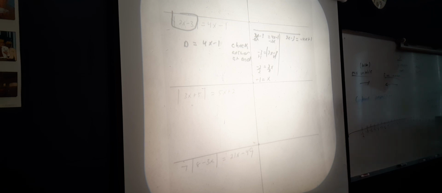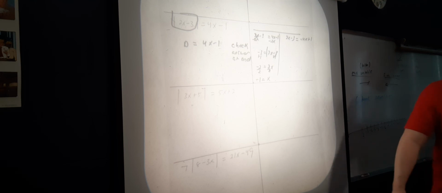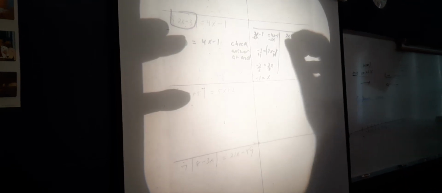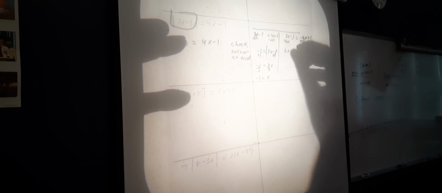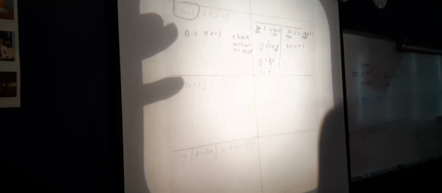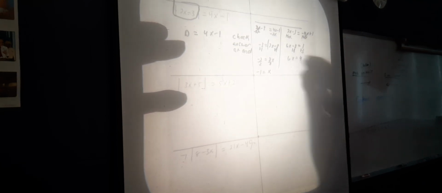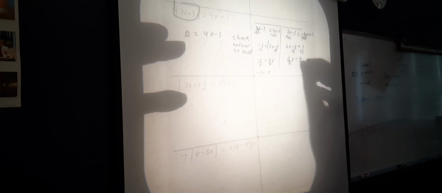Okay, what would you like to do on the other side? You want to subtract 2x or add 4x? Doesn't matter. Add 4x. So it's going to be 6x minus 3 equals 1, okay? Then you add 3, and that takes you to 4. 6 times x equals 4. So you're going to have to divide 4 by 6.